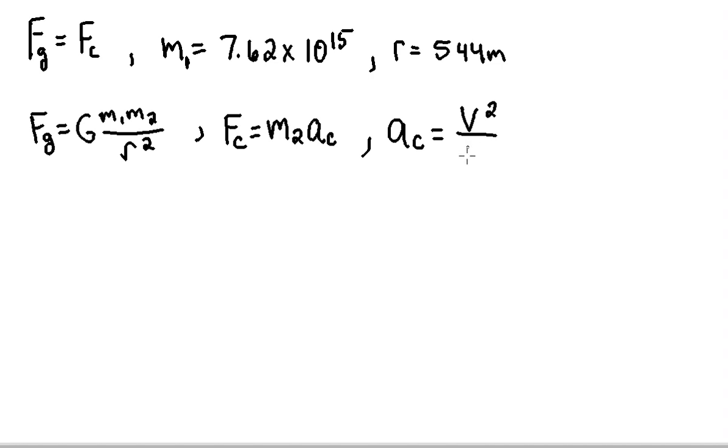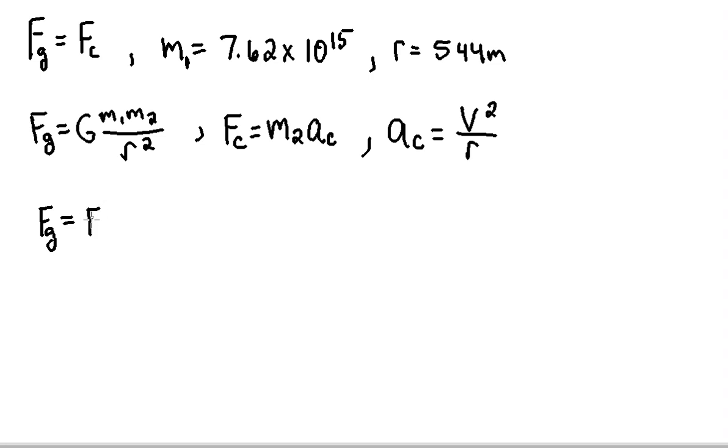Now this is normally the tangential velocity, but we can pretend like our object is moving in a circular path so that the orbital velocity is equal to the tangential velocity. So we have a lot of substitutions to make. We need to substitute this in here, which we've already done, and we need to set these two equal to each other. So there's going to be a lot of substitution and algebra here.